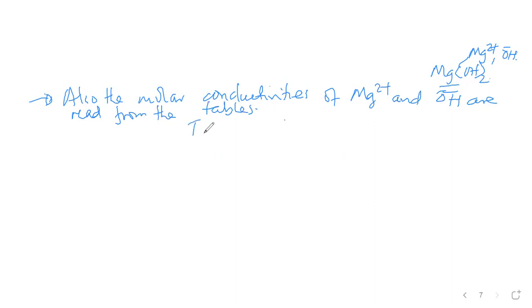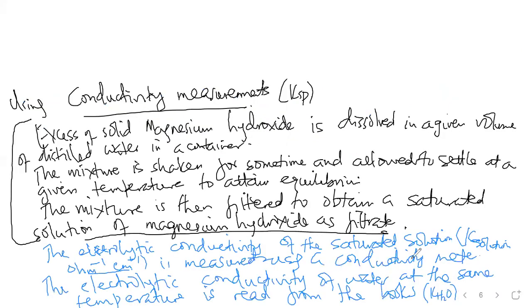Now, how do we treat our results here? After doing that, we go to the treatment of results. Remember, we have got the K solution, electrical conductivity of the solution from a conductivity meter. Also obtained the electrical conductivity of water from the books. When you subtract off that of water, remember this is a saturated solution.